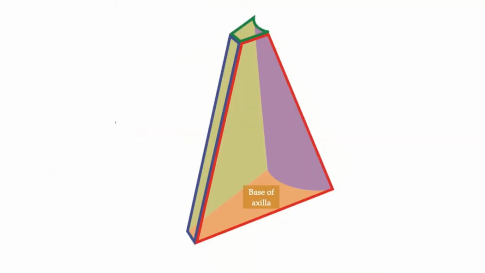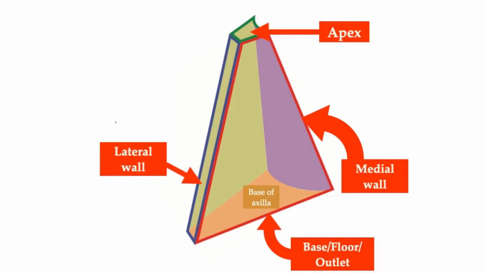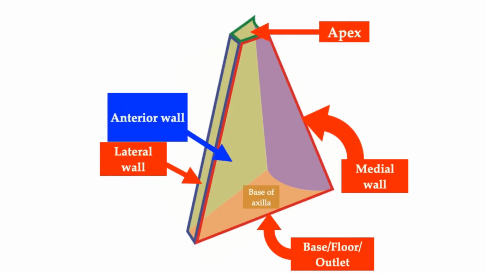Now let us label the different boundaries, apex and base of axilla. Here, this is the apex of axilla, this is the base of axilla, this is the lateral wall of axilla, this being the medial wall of axilla. This is the anterior wall of axilla and this is the posterior wall of axilla. So I hope now the shape of axilla is clear to you.